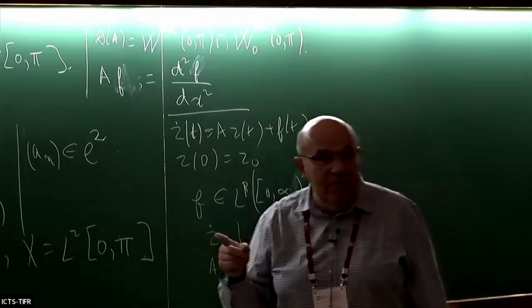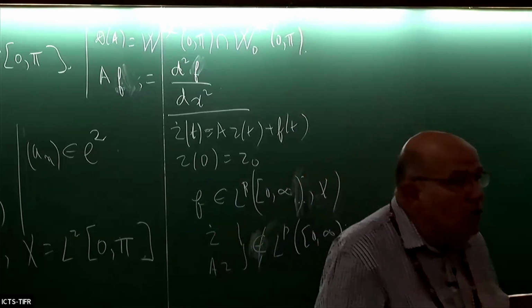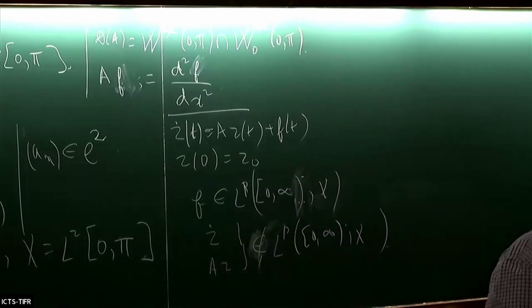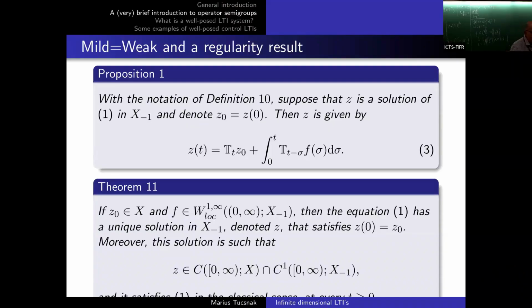If you are accustomed just to ODEs, this is clearly true. We know from the ODE theorem that this is true. Having this property is called maximal regularity. And in a Hilbert space setting, it characterizes what are called holomorphic semigroups. So it will be, for instance, true for the heat equation.